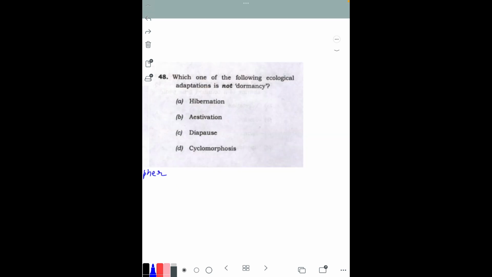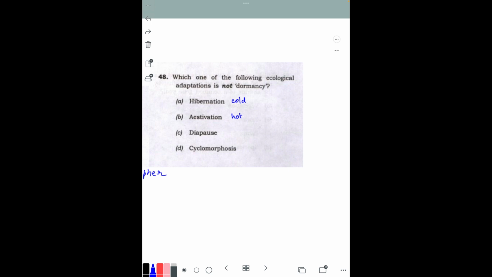48. Which one of the following ecological adaptations is not dormancy? Hibernation. Organisms adopt this condition in order to withstand cold temperatures. Estivation, because to withstand hot temperatures.